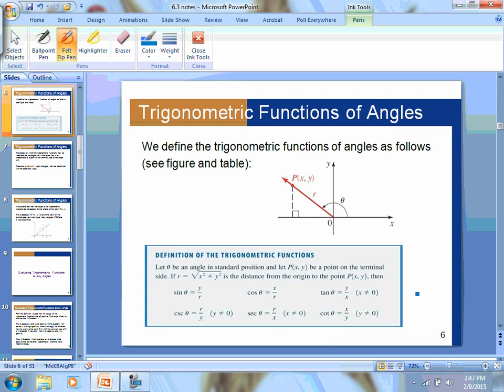Remember, tangent, you can think of that as sine over cosine, and cotangent is still cosine over sine. Okay. So this is just another way to represent these 6 trig functions on more of an axis type of mentality. But we've already been doing that with the unit circle in the previous chapter, so it's the same information, it's just represented in a slightly different way.